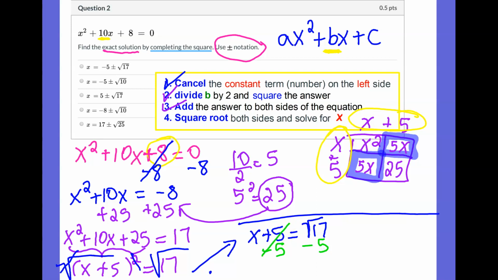So now I have x equals -5 plus minus the square root of 17. And that's our answer for number 2. So when you look here, x equals -5 plus minus the square root of 17 will be the first one.